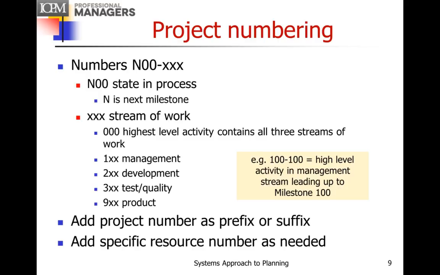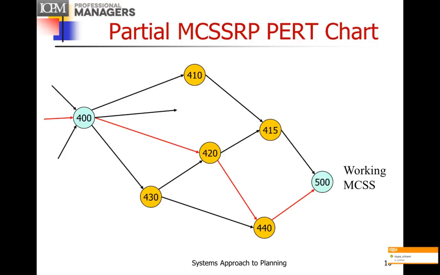And you use the same numbers. So if 20 is a specific piece of software that runs on a specific piece of hardware, 220 would be the software development, 230 would be the hardware development for that specific item, and 920 would be the actual piece of equipment. And so the numbers all line up and match.